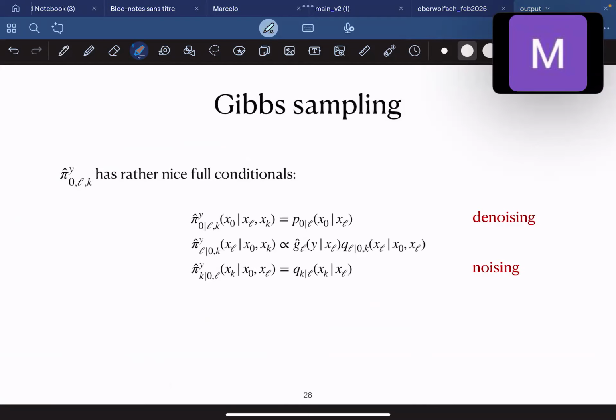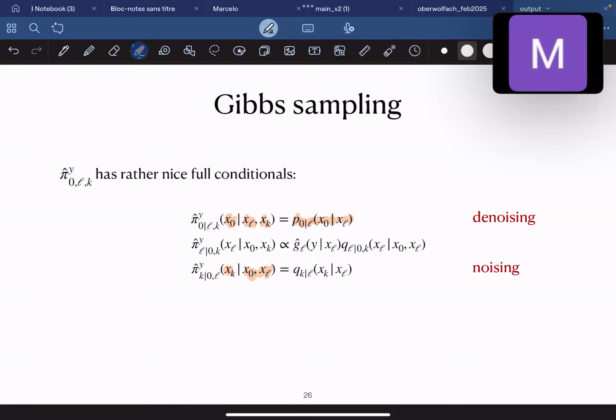Now if you consider the conditional distribution of x0 given xl and xk, you just obtain by definition the conditional distribution of x0 given xl of your original diffusion model, that you can sample from efficiently because you have a pre-trained model. So that's easy. Now I will skip the second term for the moment and go to the final one directly, because it is also an easy conditional distribution. Here I'm considering the distribution of xk given x0 and xl.